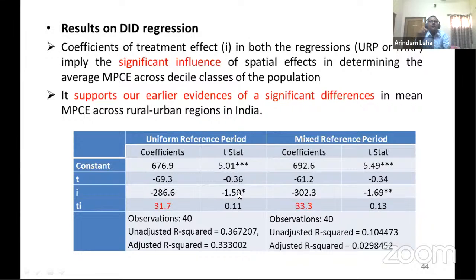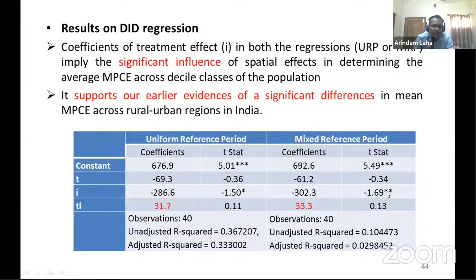Okay, so 3 star implies that it is significant at the 1% level. 1 star implies that significant at 10% level. 2 star implies that significant at 5%. Now, what is the basic outcome of this particular analysis? The outcome is that here your interaction term is the most important one.